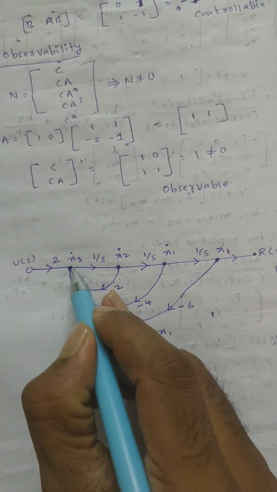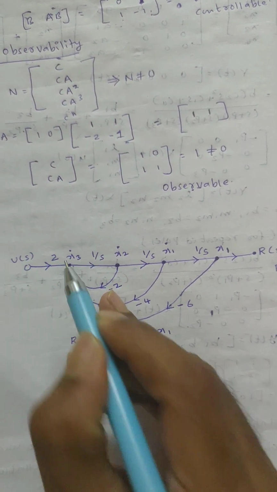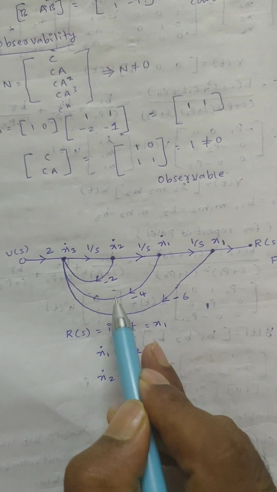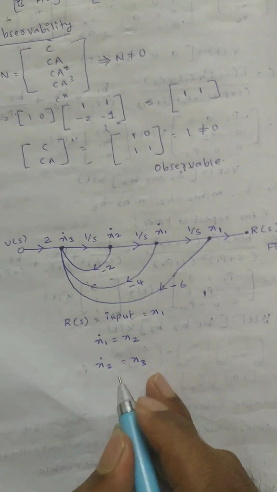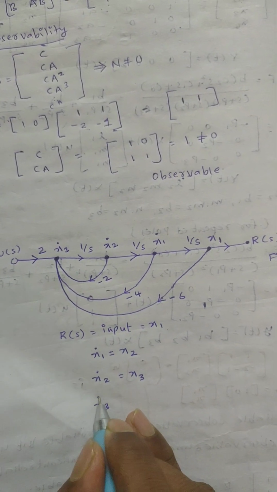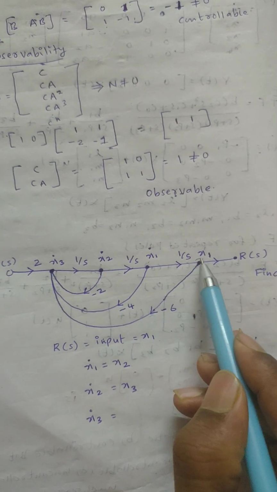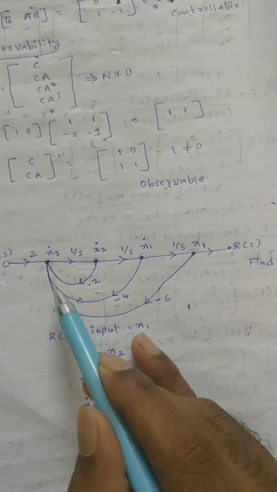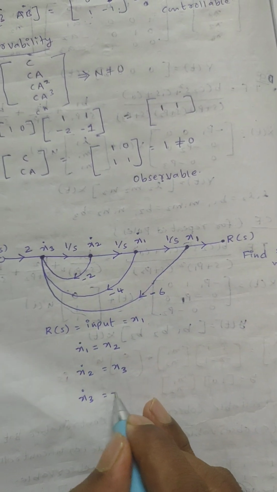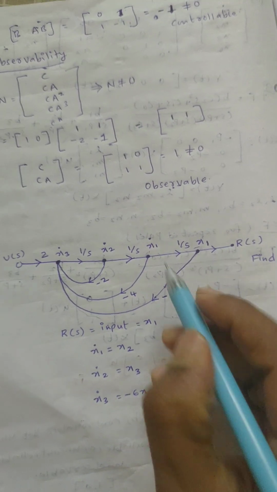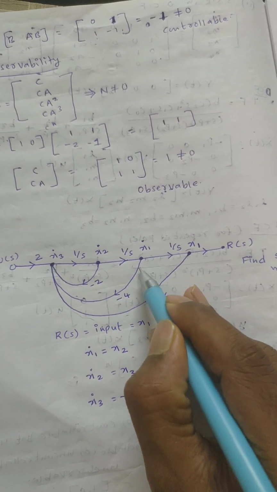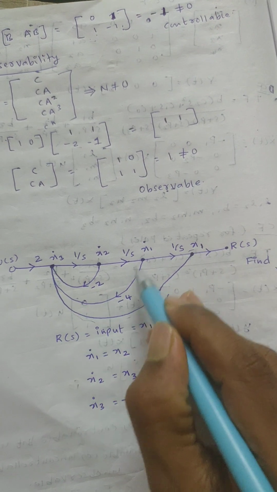Next see here, x3 dot. x3 dot has 1, 2, 3, 4 incoming paths, right? Then x3 dot is equal to minus 6 x1, next minus 4 x1 dot.